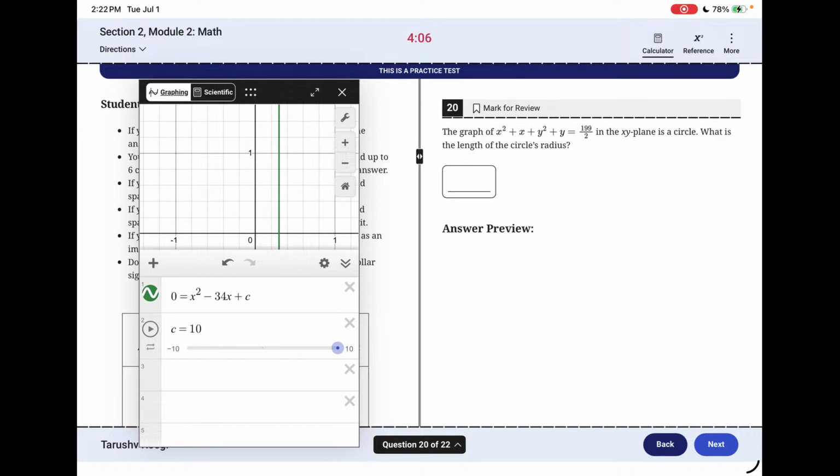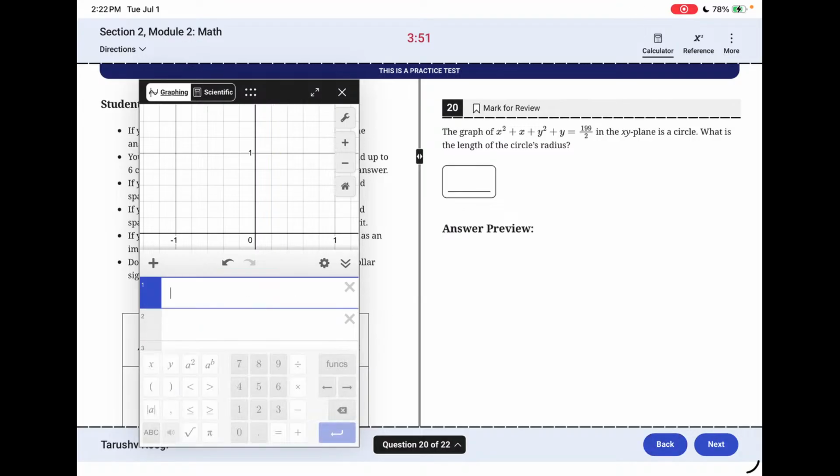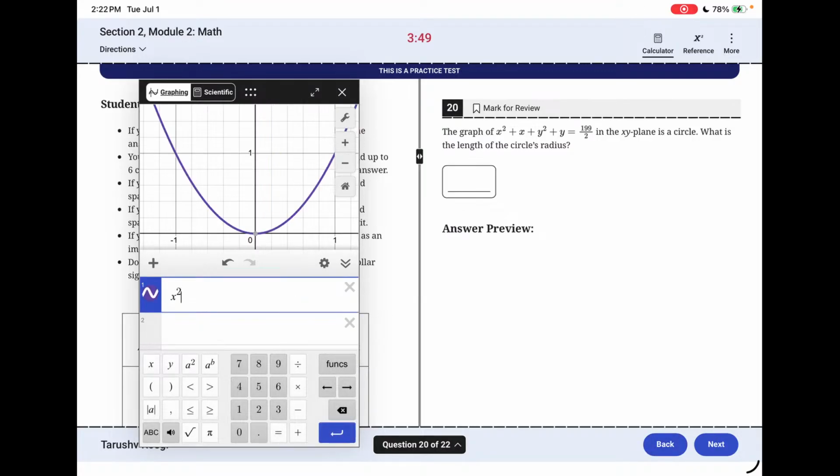The graph of x squared plus x plus y squared plus y is a circle. What is the length of the circle's radius? Okay. Sure, why not? Try this one. x squared plus x plus y squared plus y equals 199/2.